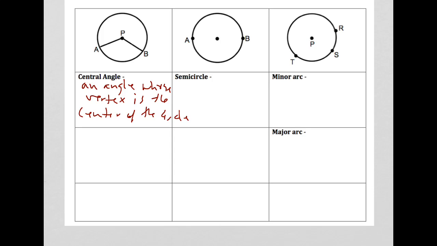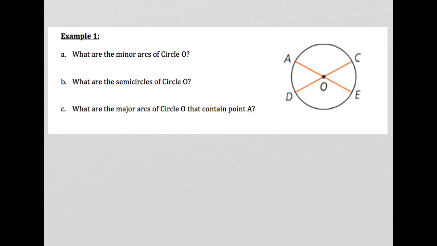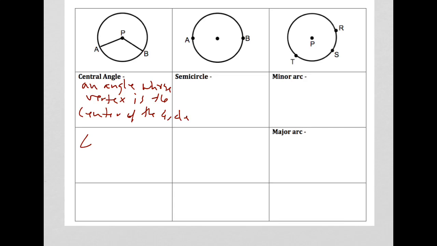But on our example up top here, on this circle, you can see angle APB is a central angle. The key is to have P, the center of the circle, be in the middle of our angle when we list that. So, an angle whose vertex is the center of the circle, that's a central angle. That's nothing different than what we've done so far.